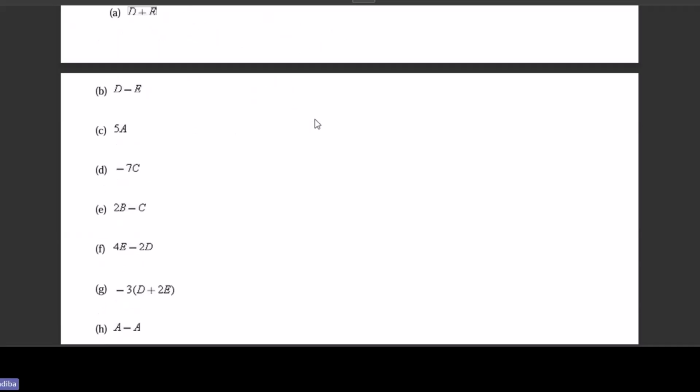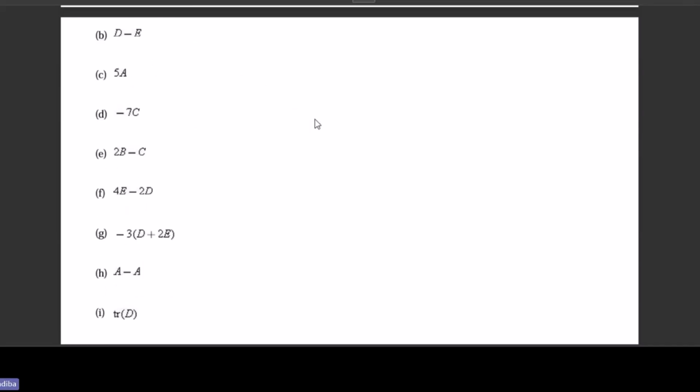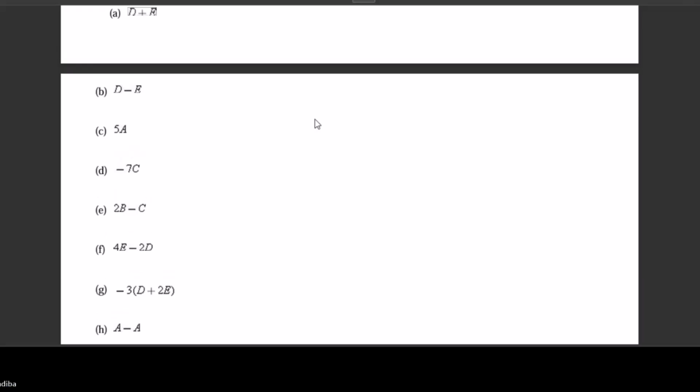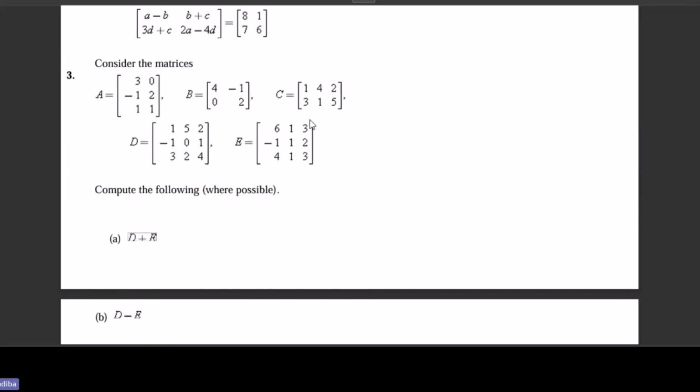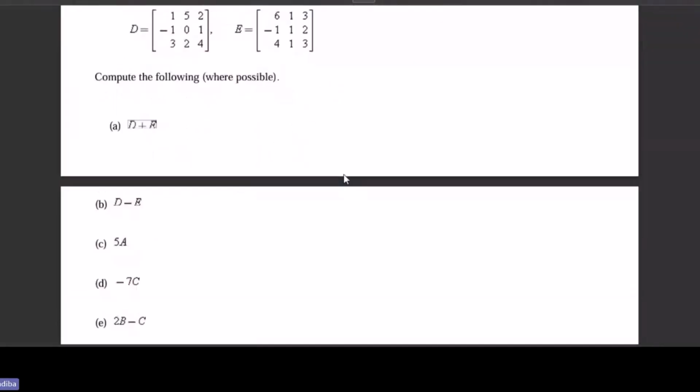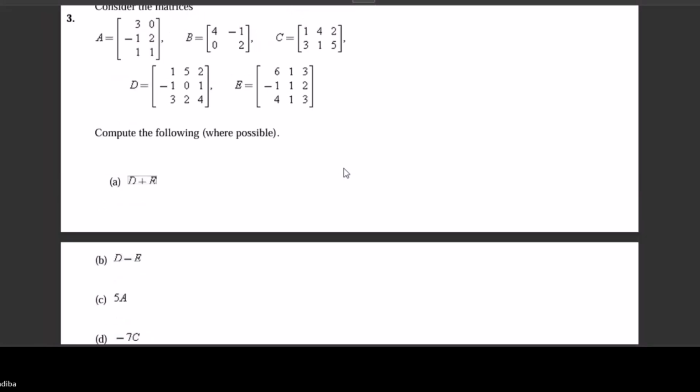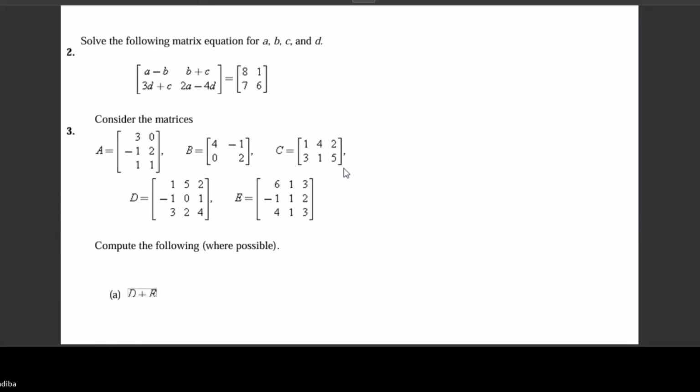Yes, it is possible to compute D, and we obtain a 2 by 3 matrix.